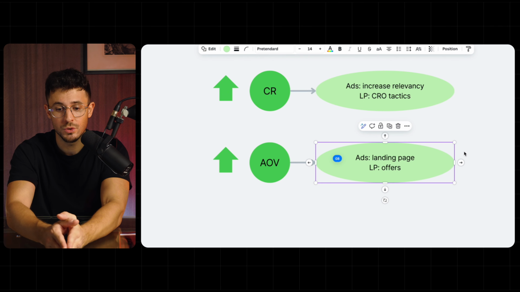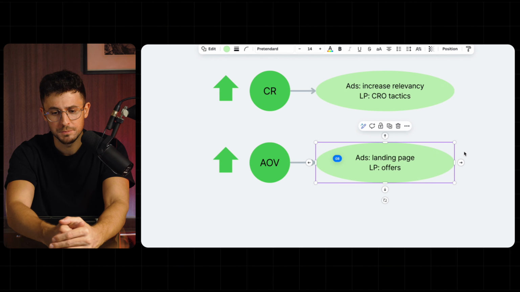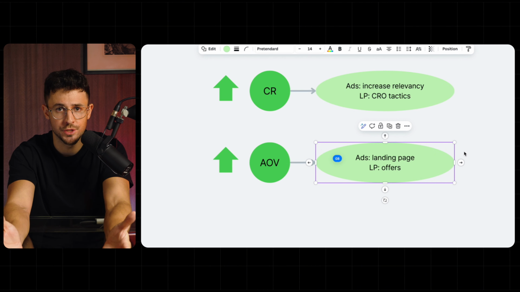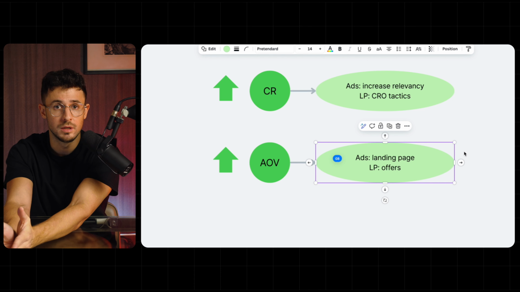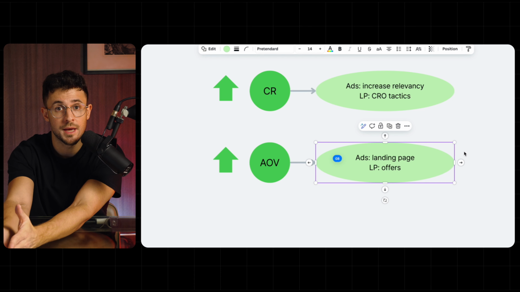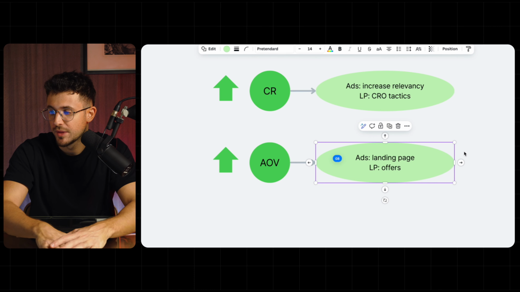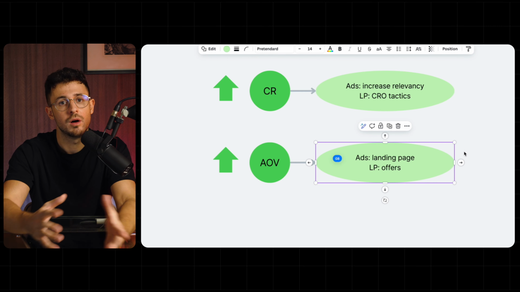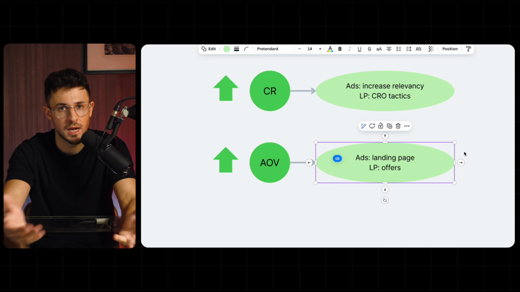Maybe you have an offer, like a bundle or something specific on the landing page that gives you an AOV of like 100, for instance. You know already it's going to be like that, so you're running ads to a predictable landing page in terms of AOV. And so ideally you want to maximize the AOV as well with the offer or with different tactics inside the website, for instance, upsell, cross-sell, and all those things.